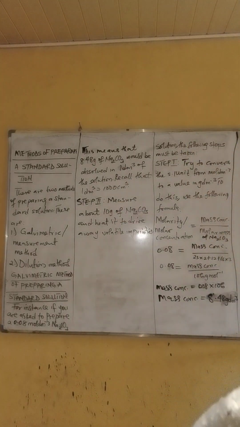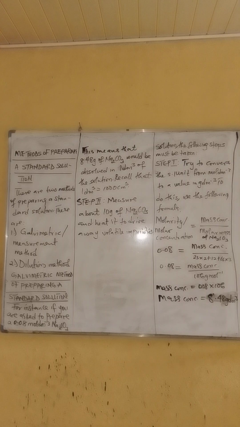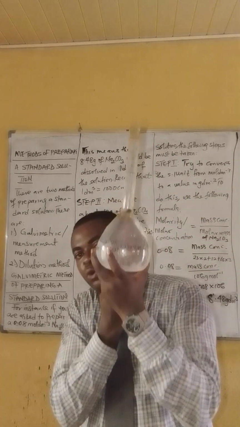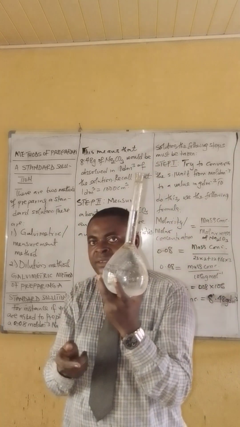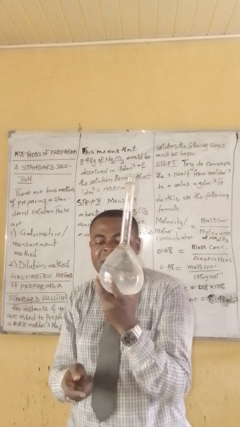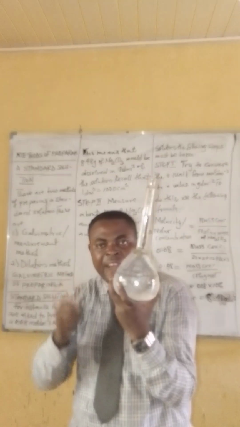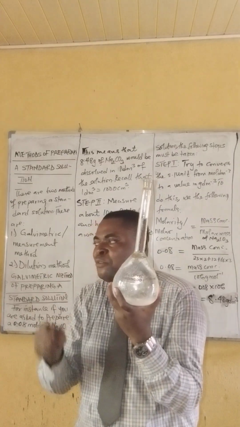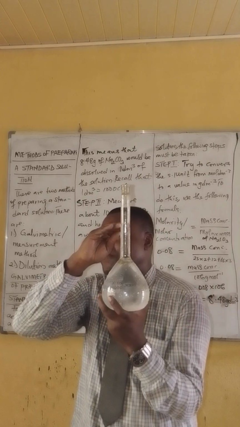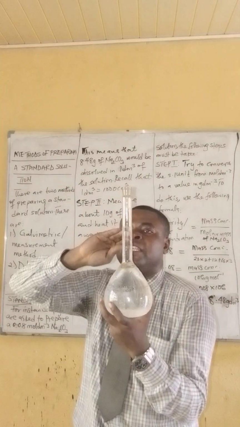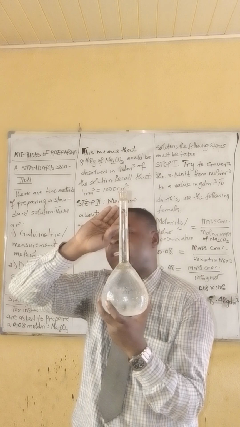Take note of one thing. It's not 1000 cm cube of water. No. The 1000 cm cube is for both the solute and the water, both the solute and the solvent. I want to prepare 8.5 gram in 1 dm cube of solution. I will first pour the water to get to 1000 cm cube before pouring. By the time you are pouring, the water will leap up above the 1000 cm cube.